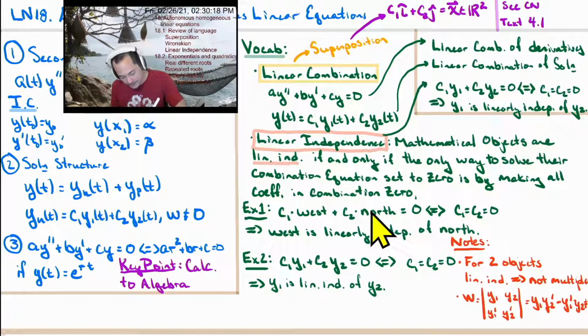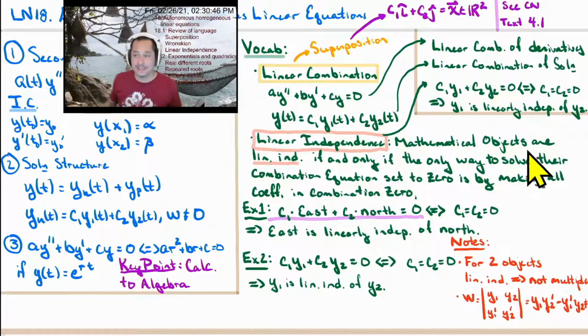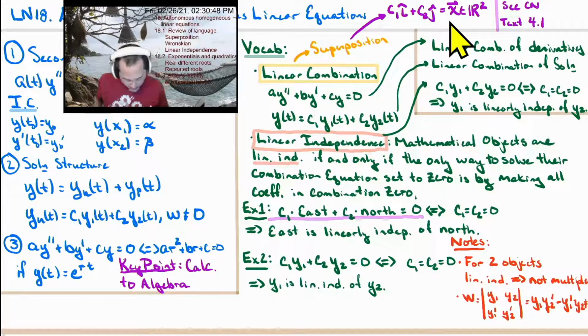Let's take a look. Let's use our east. Oh, I don't want west. I want east here, right? I hat points in the east direction. So, what I have here is C1 times east plus C2 times north. That is meant to represent this equation up here, except where are you going?